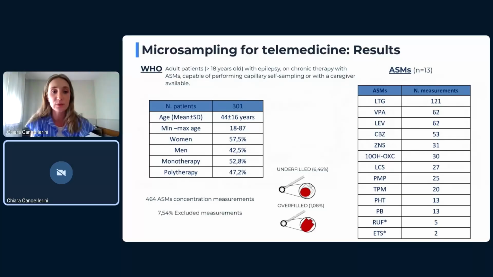And we had to exclude 60% of the samples due to primarily underfilling or overfilling of the microsampling. And looking at the single drugs, lamotrigine was the most frequently monitored, with more than 100 measurements. And this actually reflects our clinical data.